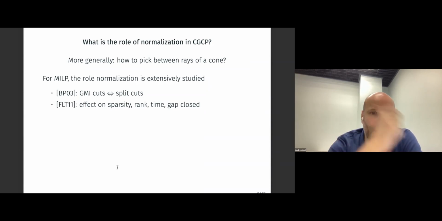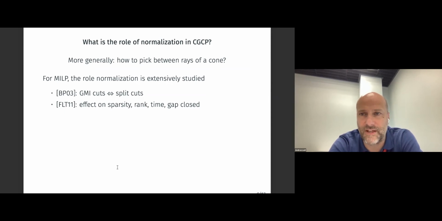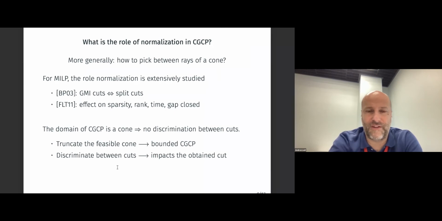Then, in a paper together with Matteo Fischetti and Andrea Tramontani back in 2011, we extensively analyzed the effect of the various types of normalizations, so ways of truncating the cone, especially from the computational standpoint: sparsity, the rank of the inequality that you obtain, the time for solving the problem itself, and of course, at the very end, what we care about is the gap closed, so how effective those inequalities are.